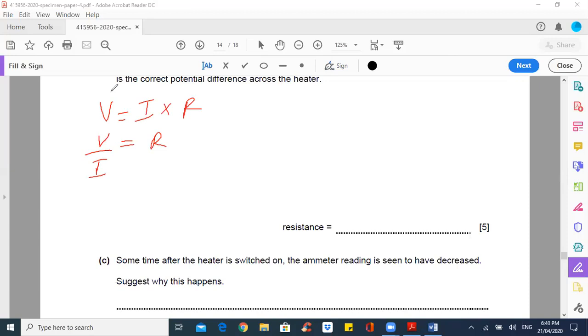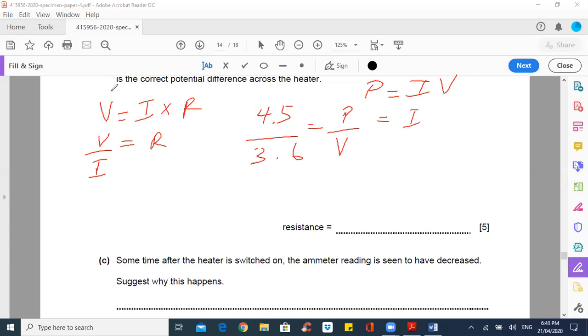Now we talk about how we find current. We know that the power of the heating element is equal to current times voltage, so I is P divided by V. Your power of the heating element was 4.5. Your voltage was 3.6.